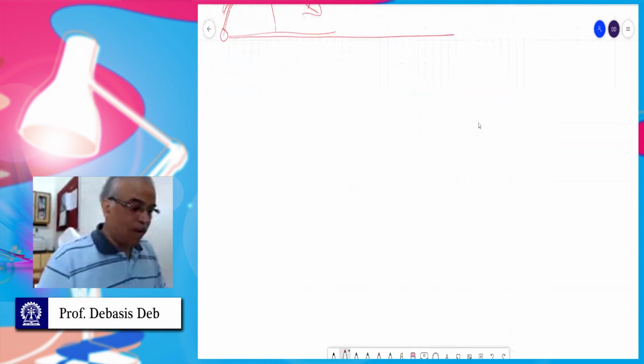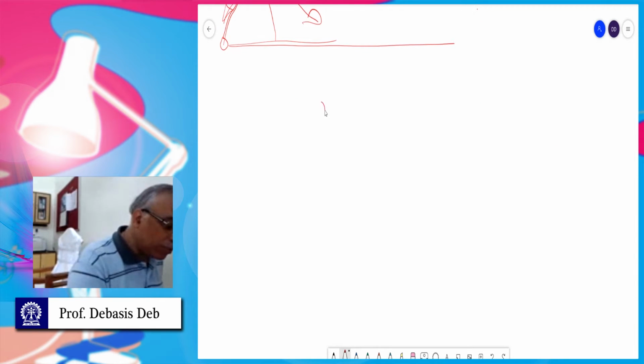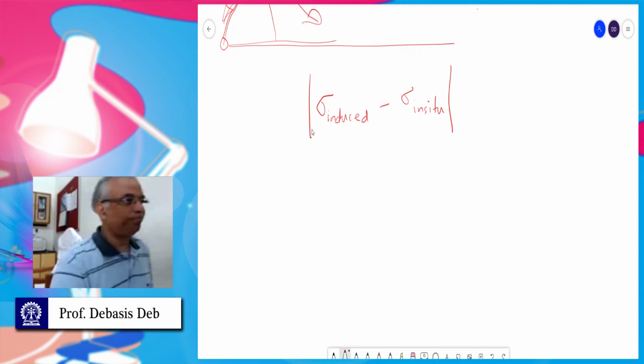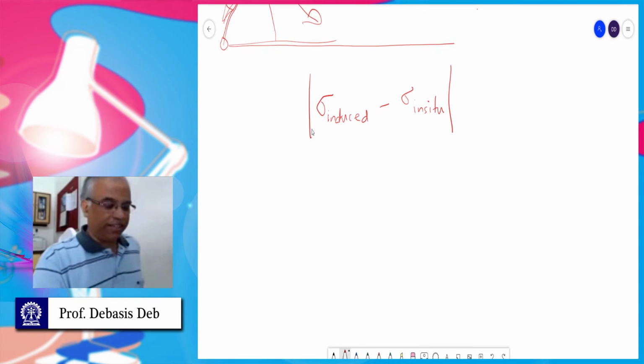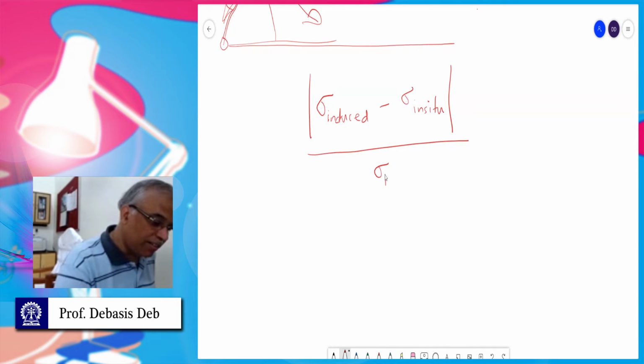Now, what we are doing is, we are saying, okay, let's assume sigma induced minus sigma in situ, I give a mod value, this divided by sigma in situ.